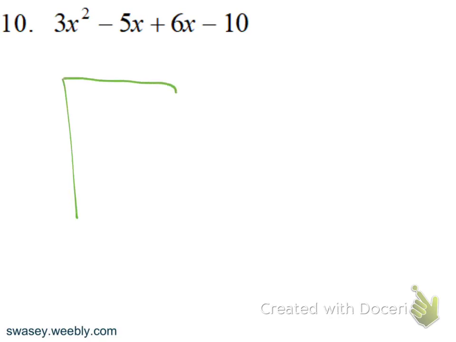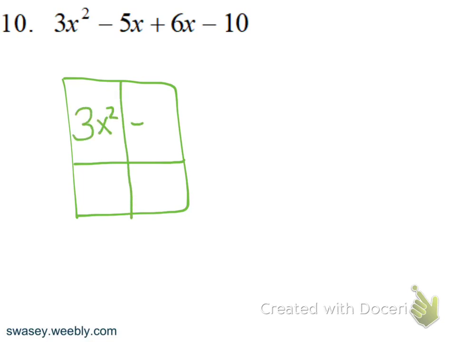Set up your box. We've got 3x squared minus 5x plus 6x minus 10. Greatest common factor on the top row is x.